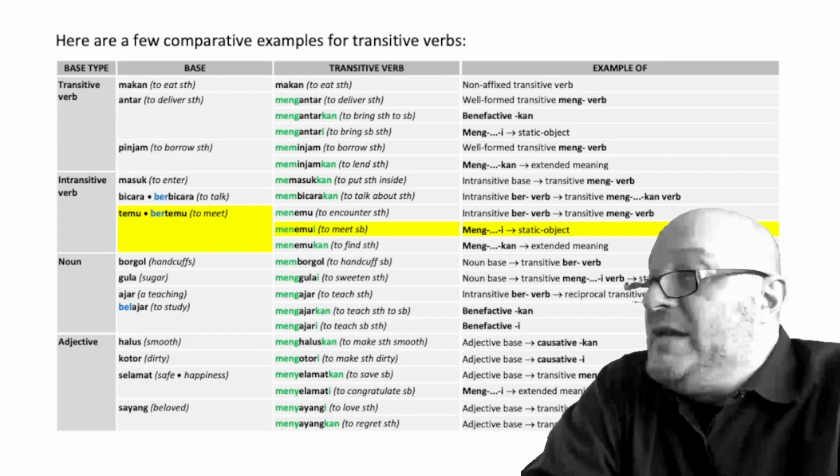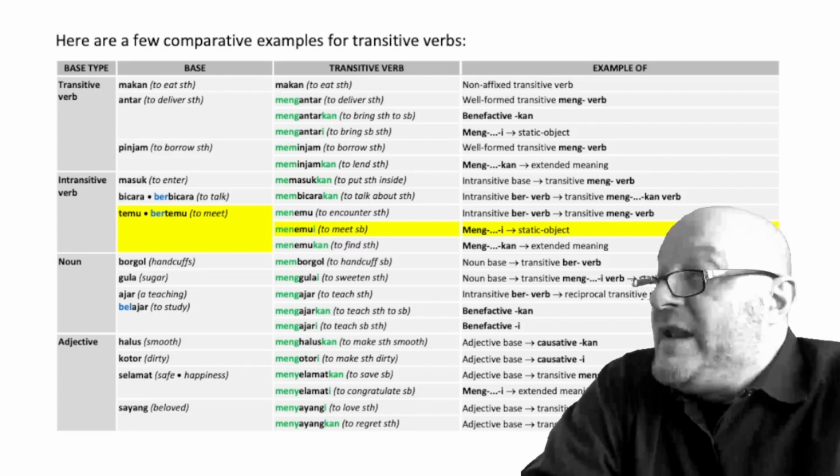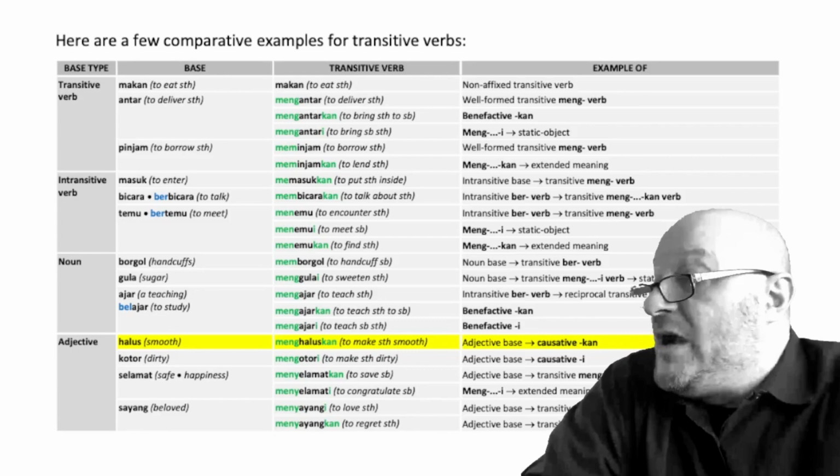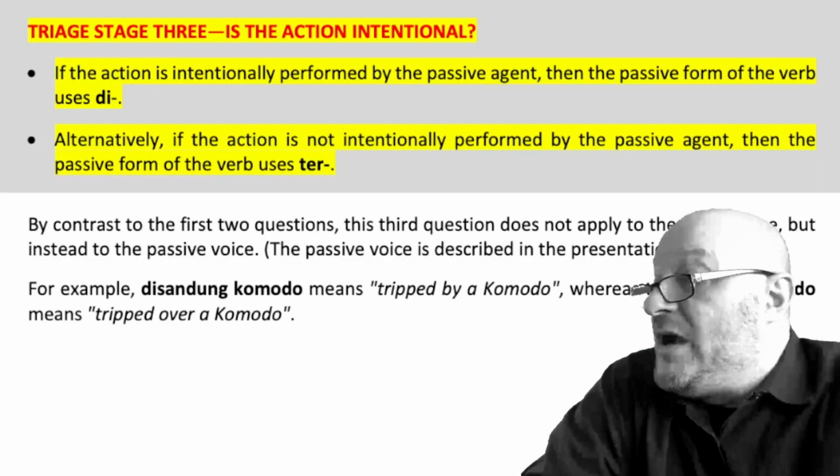So that's meng-i, a static object. The object, the person you're meeting, you're not moving. The adjective halus, smooth, that's the base, can turn into menghaluskan, to make something smooth. That's an example of an adjective base simply turning into a causative meng-kan transitive verb.